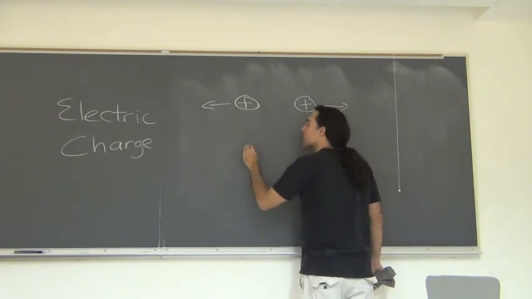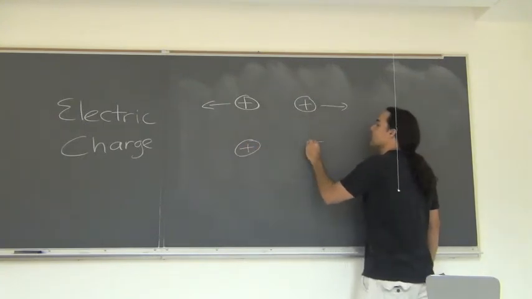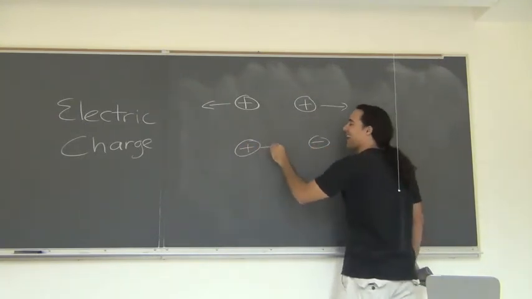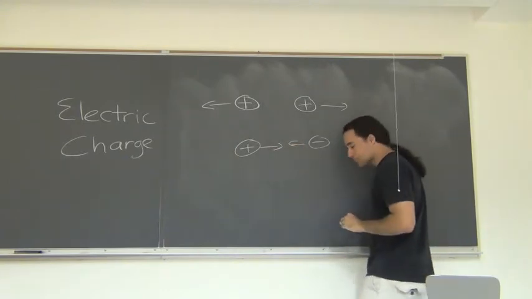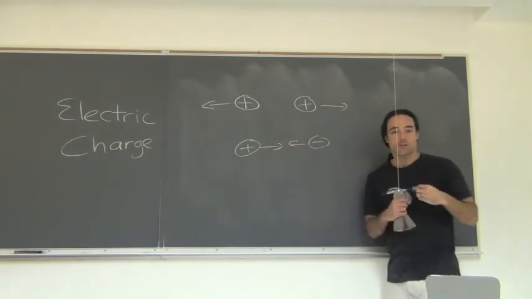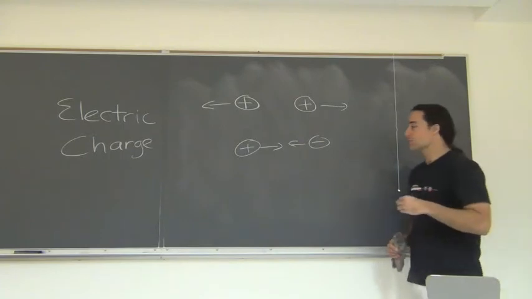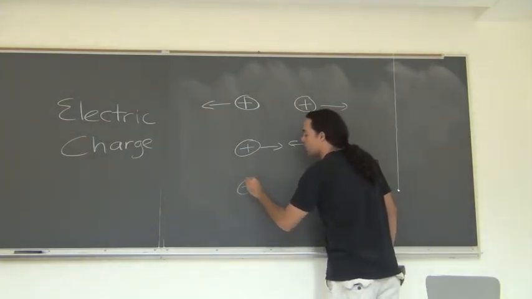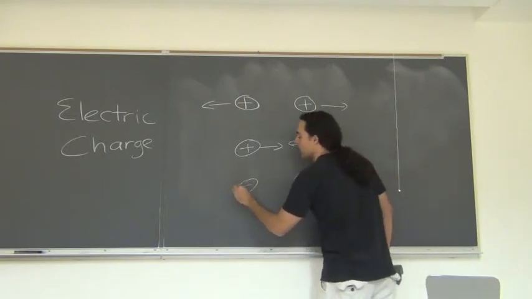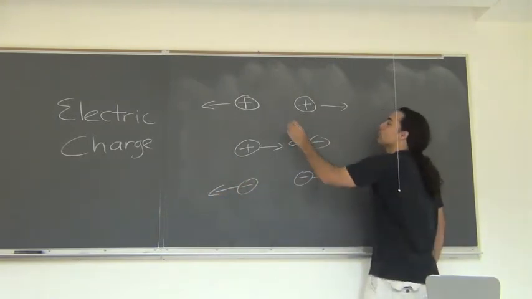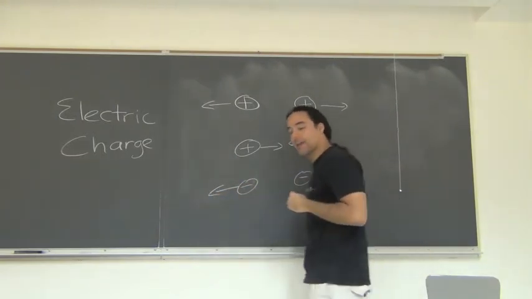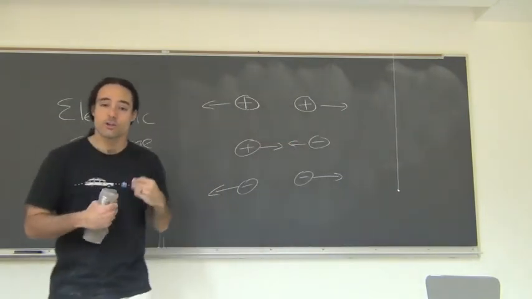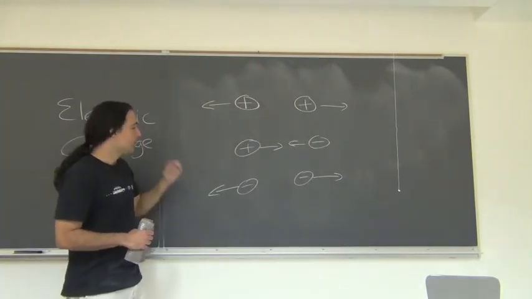I could have a positive and a negative type of charge brought together, and they would attract each other. And although we didn't do this experiment, it's easy enough to do with two negative charges. In both cases, we'll get positives repelling and negatives repelling. If they're like charges, they're going to repel each other.